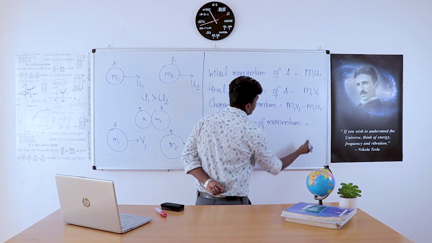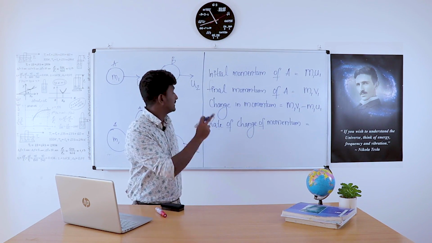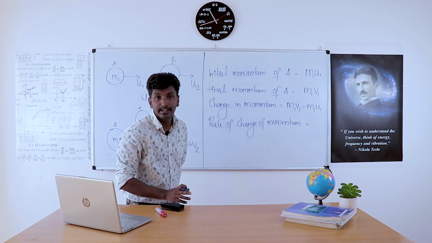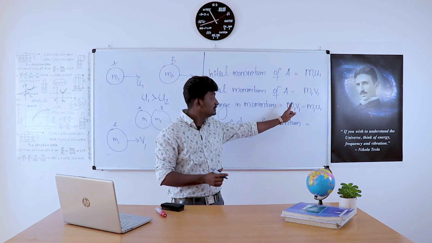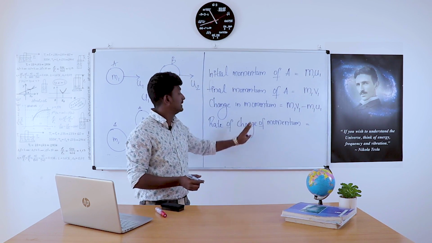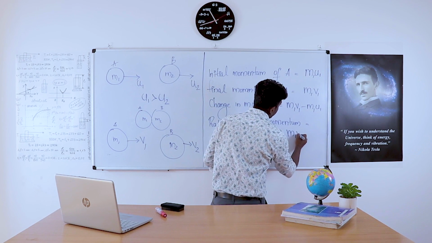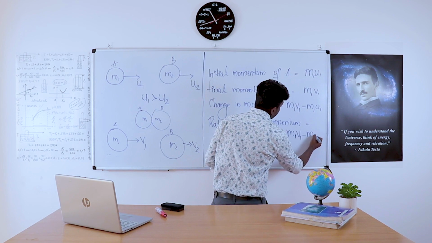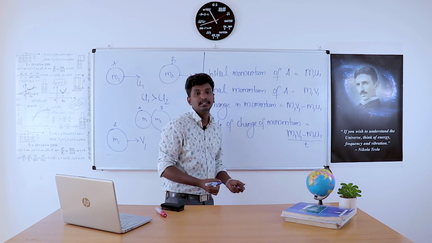We know that to find rate, we have to divide by time. That is, change in momentum divided by time gives rate of change of momentum, which is m1 v1 minus m1 u1 divided by time t.